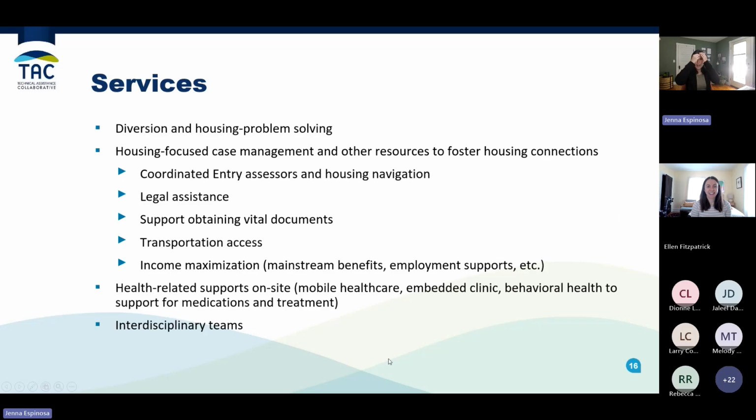Okay, so now we're going to talk about services. This is the last bucket in the framework that we're going to talk through. So first and foremost, having diversion and housing problem solving as part of your shelter entry process, or even before people figure out which shelter they might stay at. If you have a very coordinated system around that, that might be through a hotline, it might happen there.